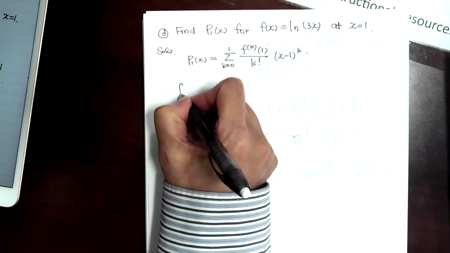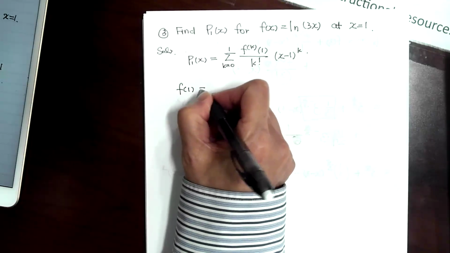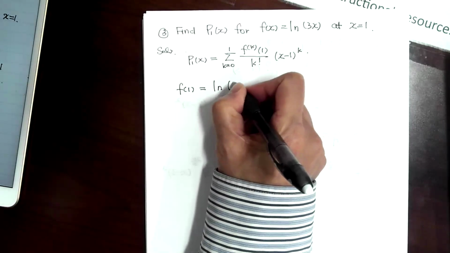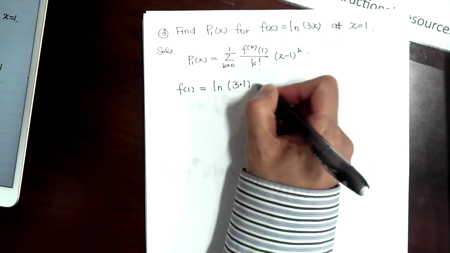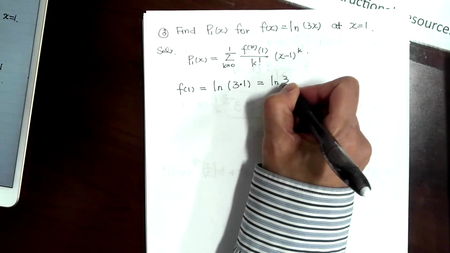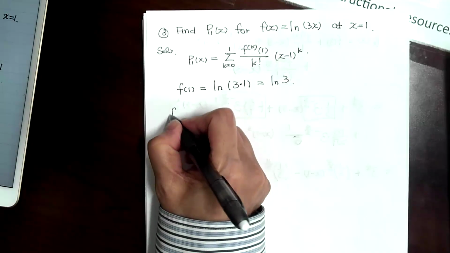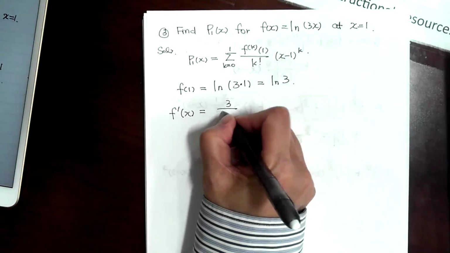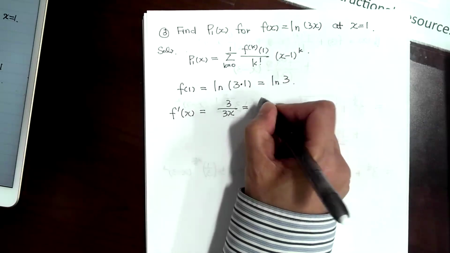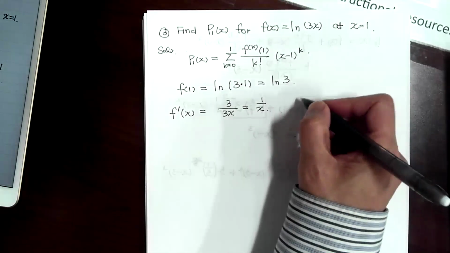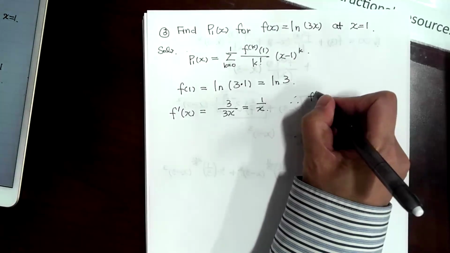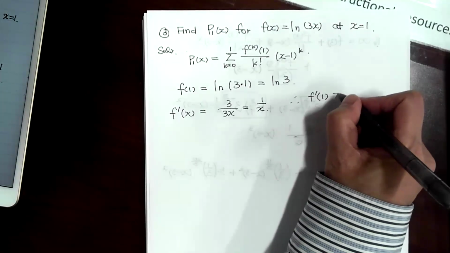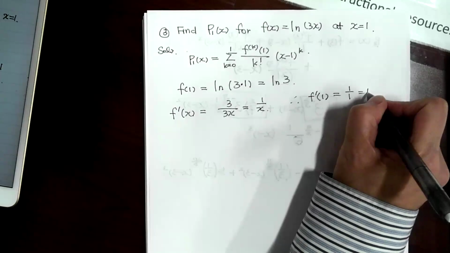So we evaluate at 1: natural log of 3 times 1 equals natural log of 3. And f prime of x equals 3 over 3x, which is 1 over x. Therefore, f prime at 1 equals 1 over 1, which is 1.